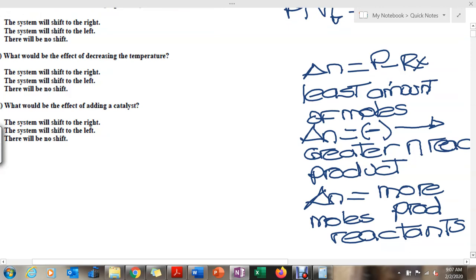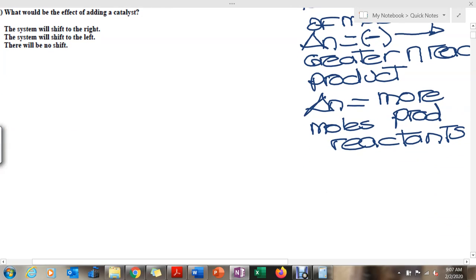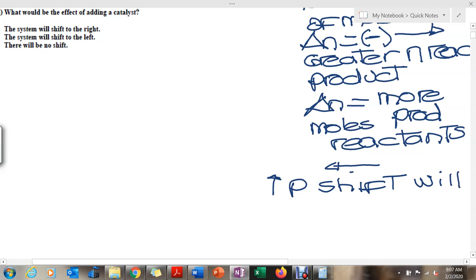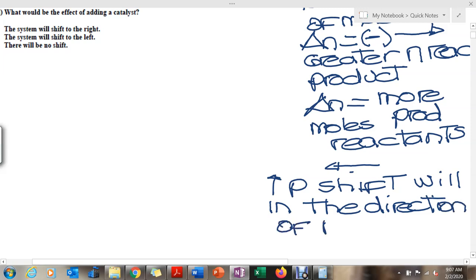In the case of more moles in the products, it shifts to the left. Why? Because if the pressure increases, the shift of equilibrium will go in the direction of fewer moles.